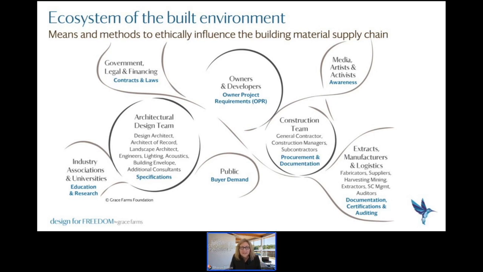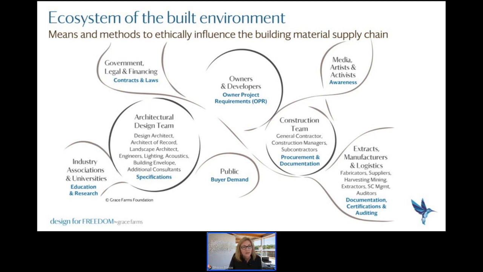So we need architects, engineers, construction managers, to media, education, research with universities, and manufacturers. But certainly we also want to stimulate buyer demand from the public as well. And you can understand these are in the blue, there are those points of influence that you can use to either mandate, let's say in the owner project requirements, which we've already seen start to happen.